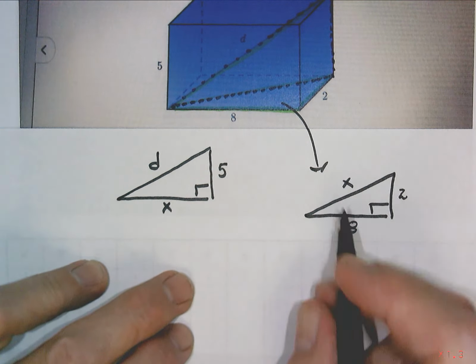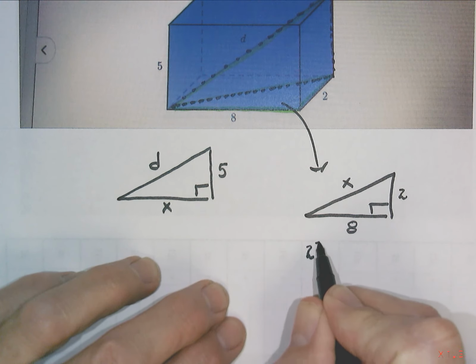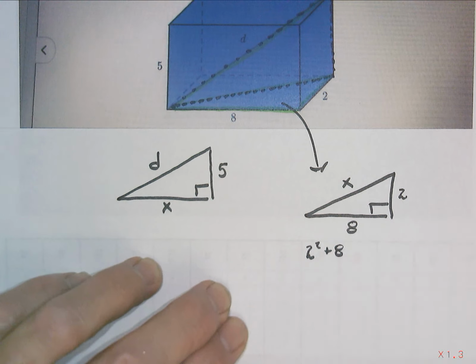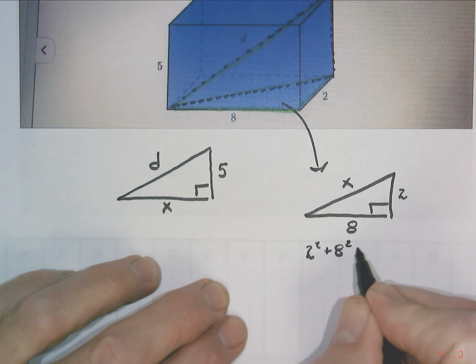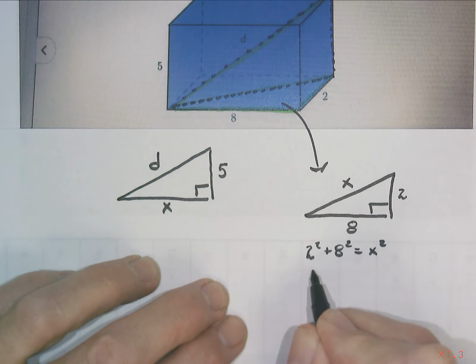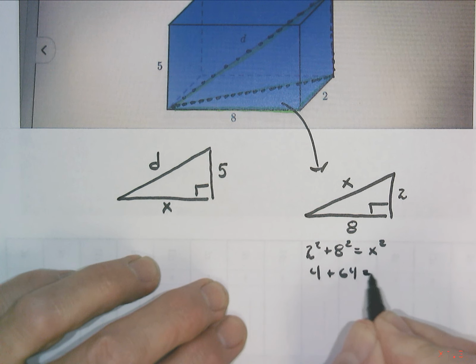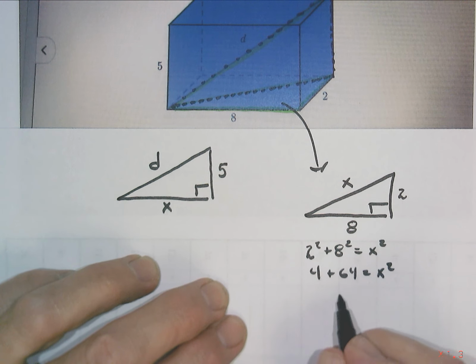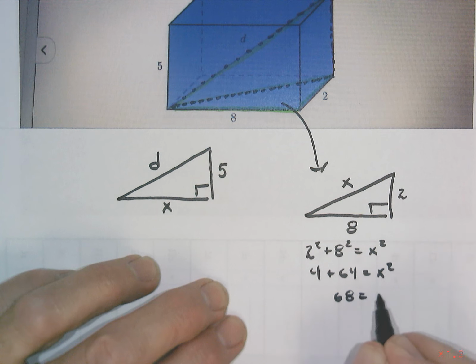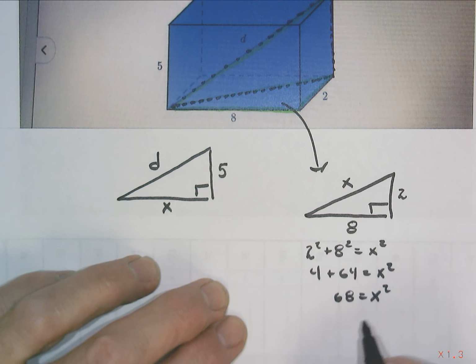So here we go. 2 squared plus 8 squared equals X squared. 4 plus 64 equals X squared. 68 equals X squared.